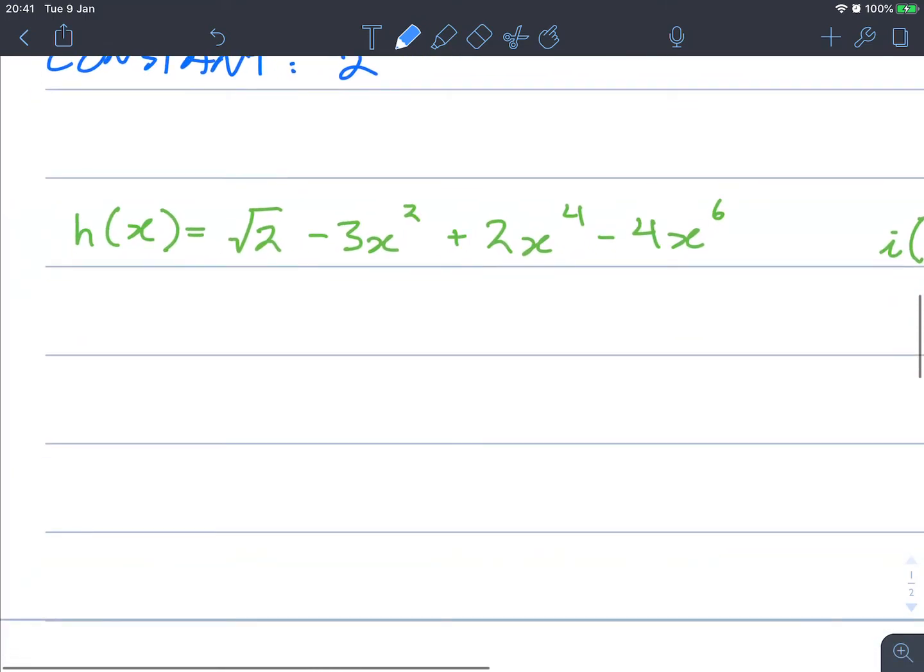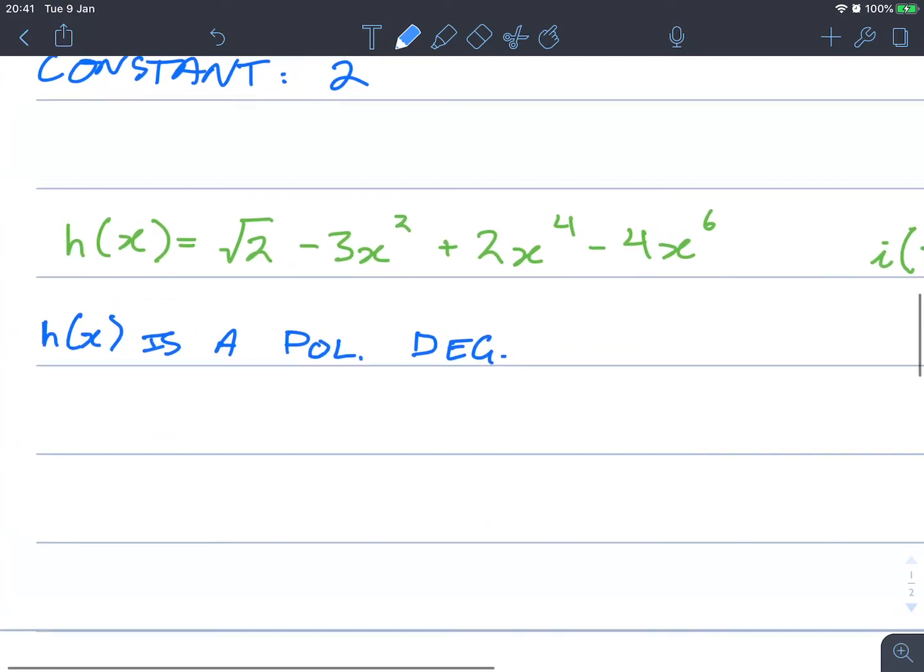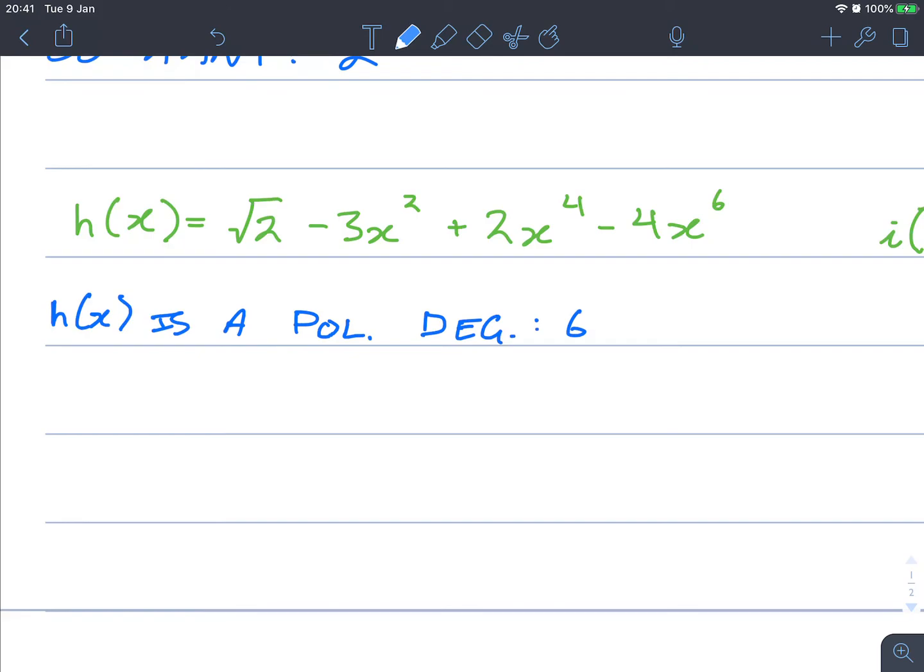Sometimes polynomials might be written differently for some odd reason, but h of x is a polynomial. Degree: the highest power of x, this has no x, this has a power of 2, this has a power of 4, and this one has a power of 6. So this is degree 6.